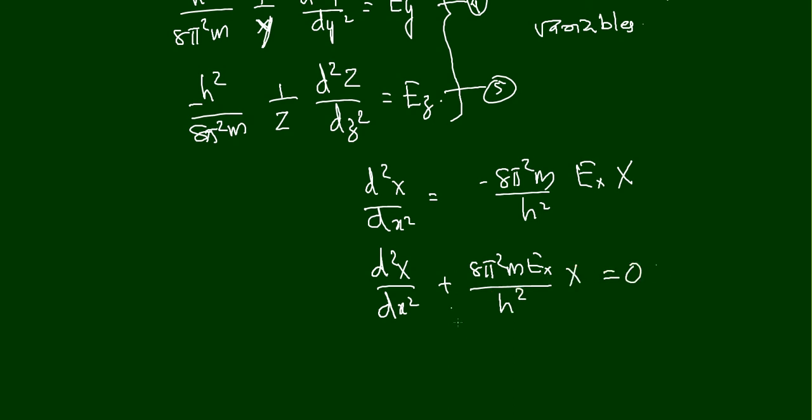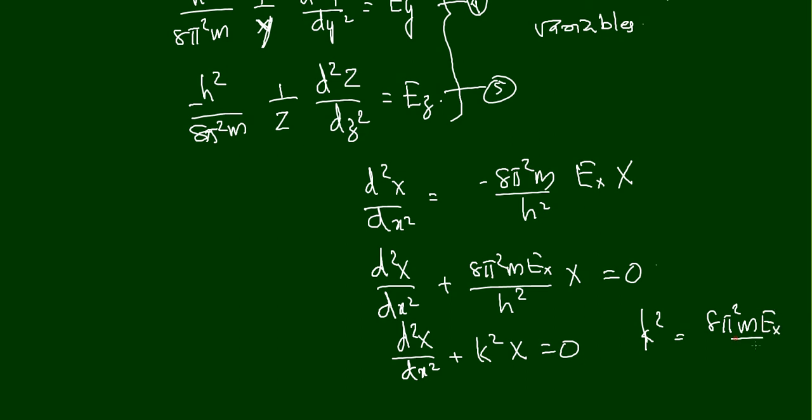And if we take 8 pi square m Ex by h square as k square, then we can write d square X by dx square plus k square X is equal to 0, where k square is equal to 8 pi square m Ex by h square.